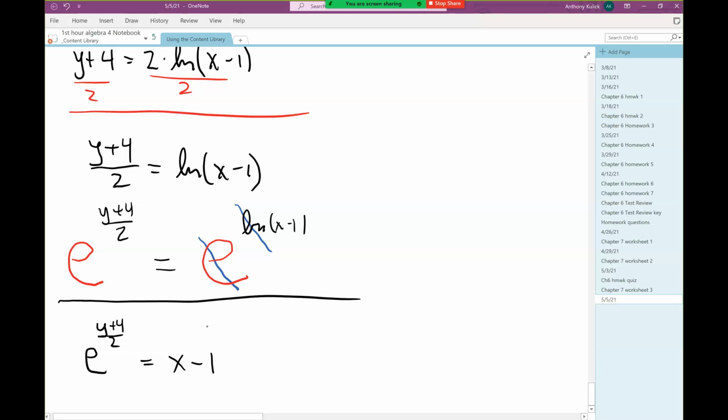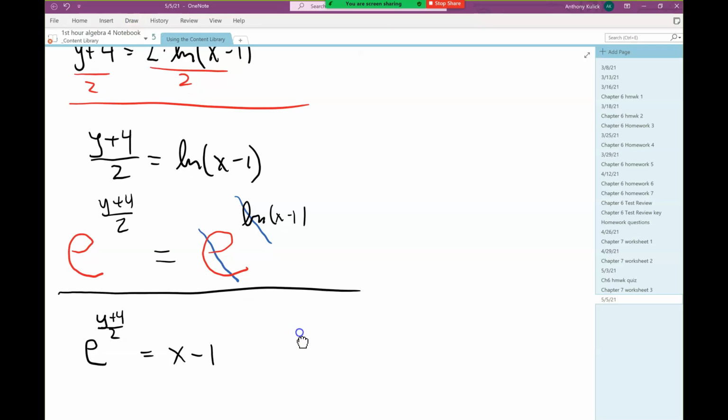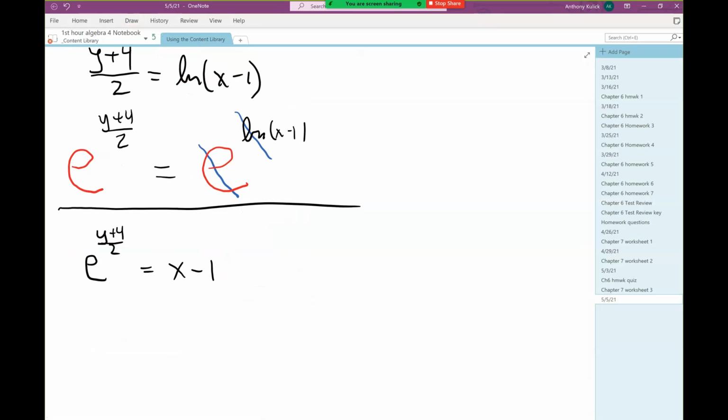So to finish her up, what do I still have to do? Notice the x isn't by itself yet, so we still need to add 1 to both sides.